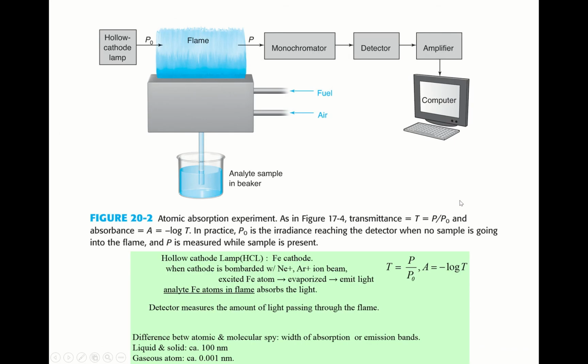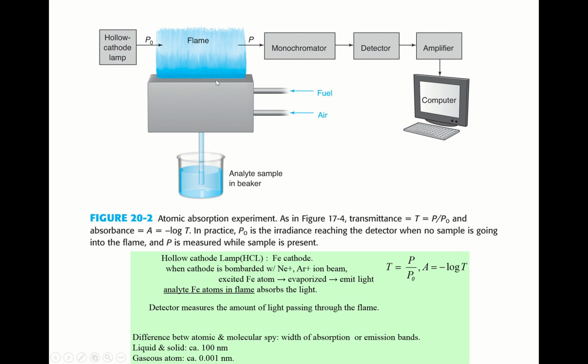Here is the schematic diagram of this technique. This is for atomic absorption because it uses a hollow cathode lamp. As I said, there are many hollow cathode lamps depending on the element.